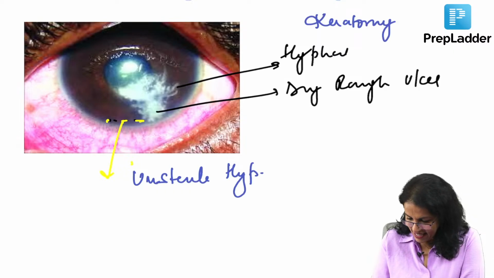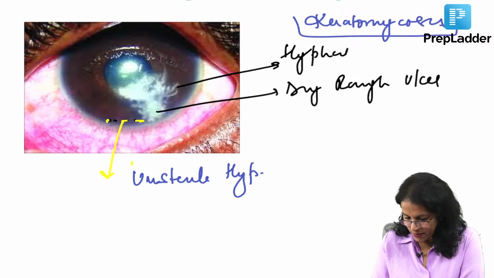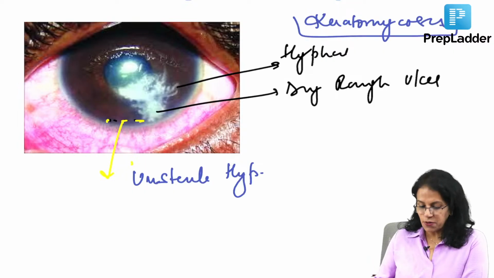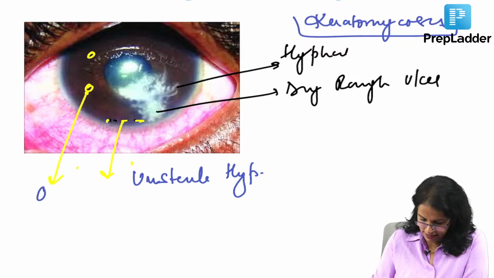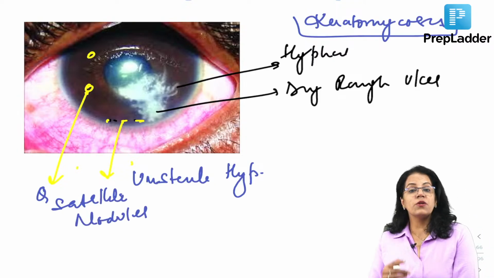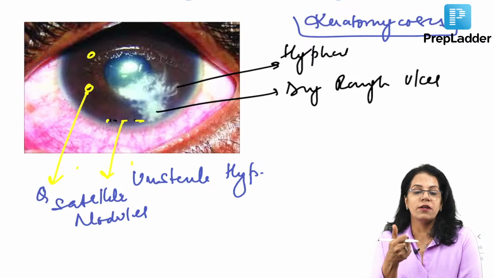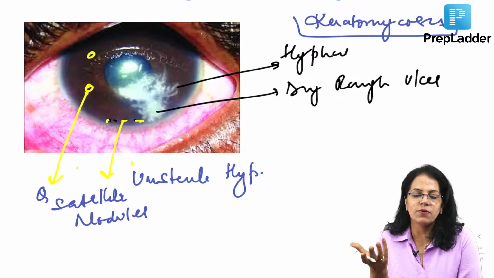Yes, we are talking about keratomycosis, right? Lot of questions on keratomycosis. Another question, what else you can get in keratomycosis is satellite nodules. Another exam question, satellite nodules. Very good. Okay, so they ask you what is the most common cause of fungal keratomycosis. Keratomycosis is fungal only.